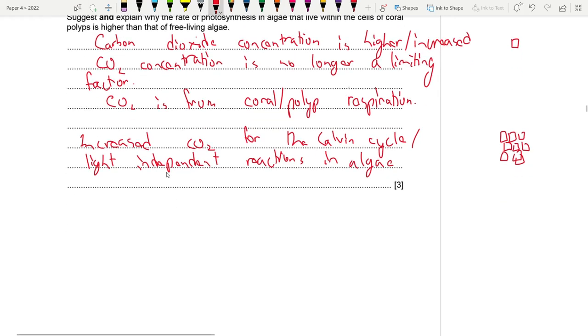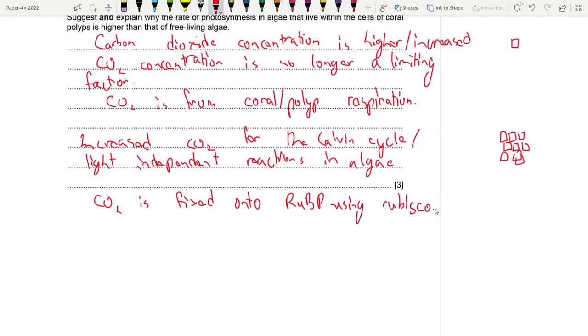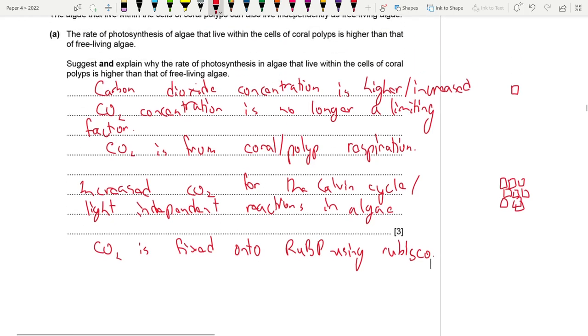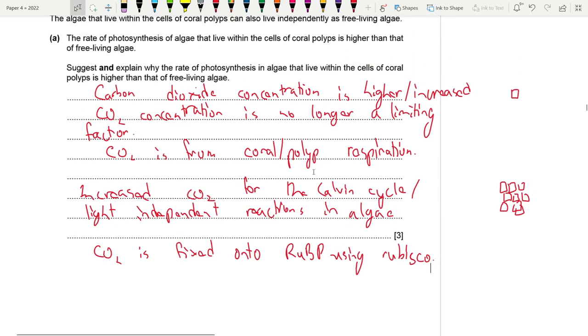You could talk about a further detail. You could say that since there's increased CO2 concentration, CO2 is fixed onto RuBP, right? Using Rubisco, or you could say it binds to RuBP. Same wording, it's fine. Different wording, but you're gonna get the mark. So this is one route.